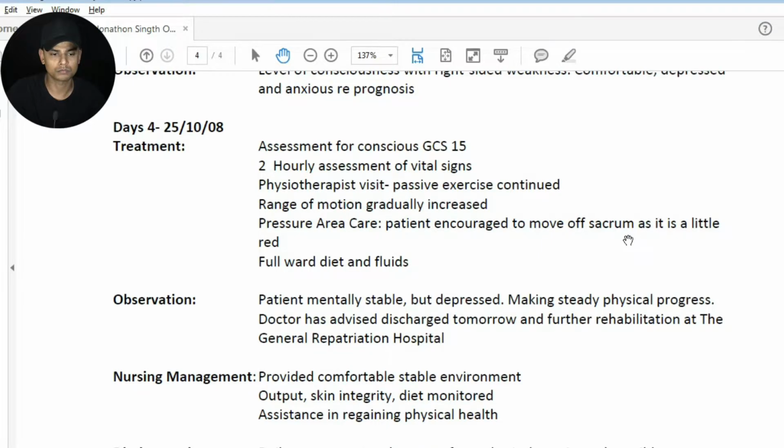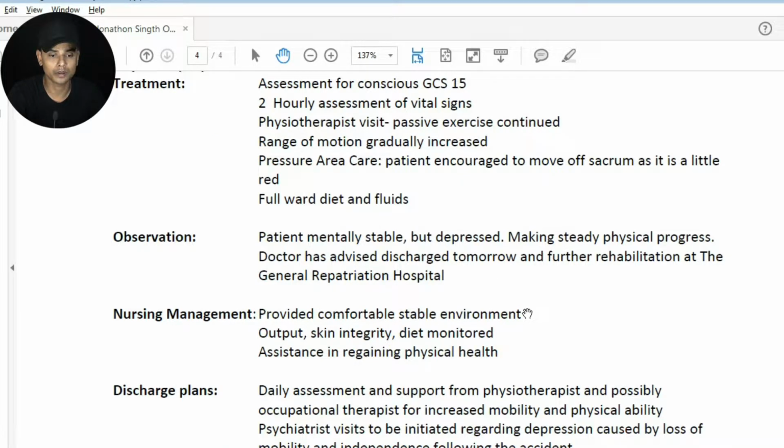He is on full ward diet and fluids. On observation, we can see patient is mentally stable now, but he is depressed. He is making steady physical progress. Doctor has advised discharge tomorrow and further rehabilitation at General Repatriation Hospital.